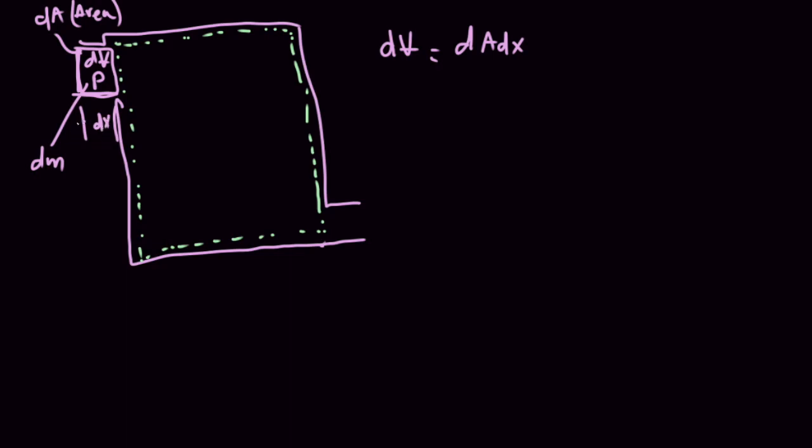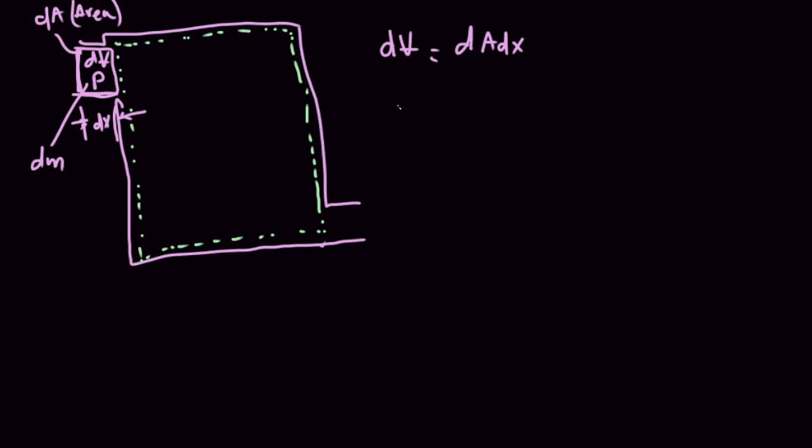It's the distance that we're actually going to push this through the control surface, in order for this volume to go from right outside the control surface into the control volume. That's what we call the dV.